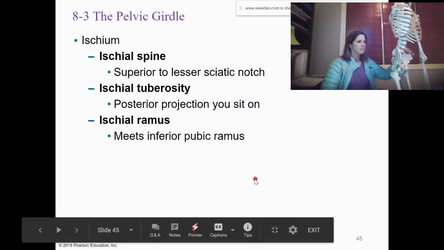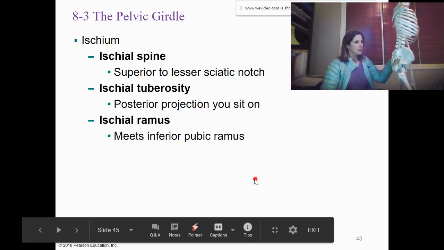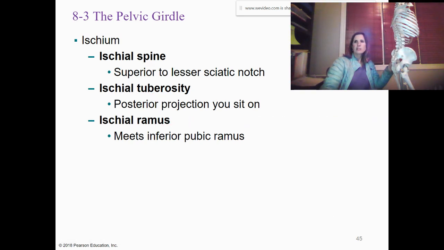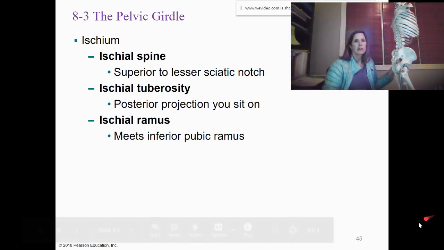And the ischium. Okay, so the ischium has an ischial spine, a tuberosity, and a ramus. All right, on your sheet, you have to know the spine, the lesser sciatic notch, and the ischial tuberosity. All right, so we're going to take a look at these.